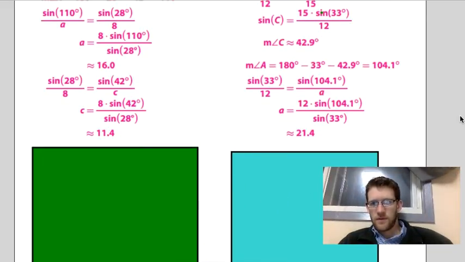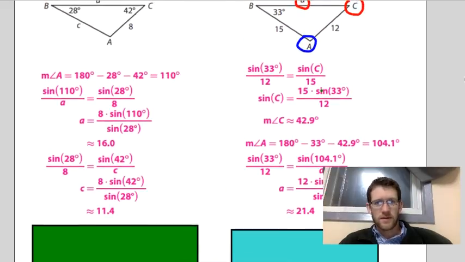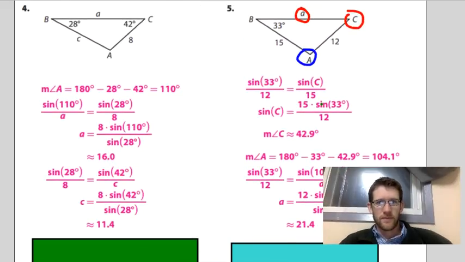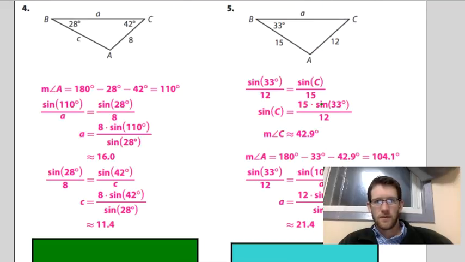Okay. Sorry for the wall of text here. Well, for number 4, the correct answer for angle A should be 110 degrees. Then we can use the law of sines. We set up our ratios.